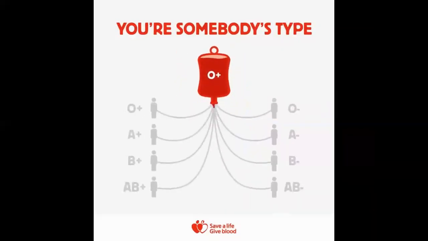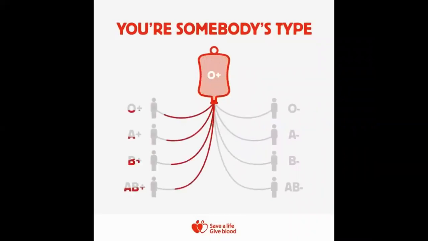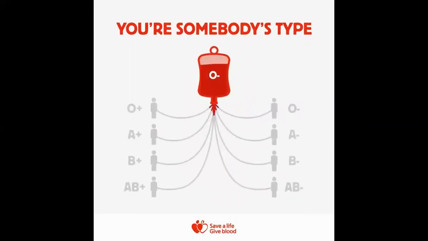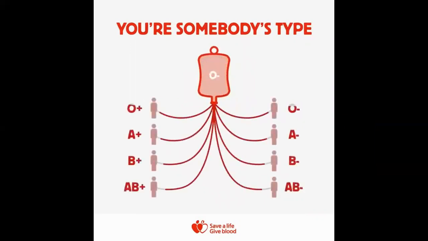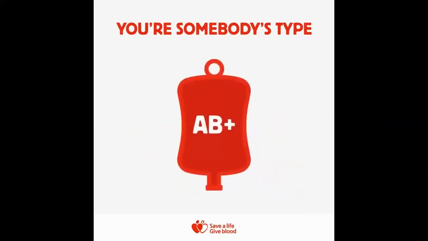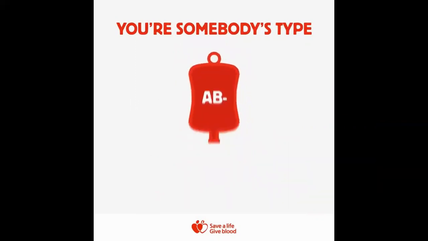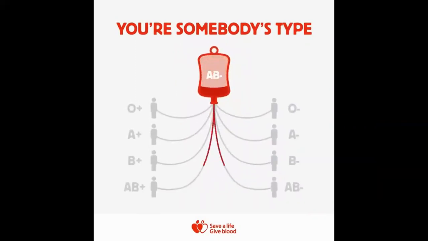O positive blood can be transfused to all positive blood groups, O, A, AB, and B, while O negative can be given to all the blood groups, that is O plus, minus, everyone. AB plus can be given only to AB plus people, while AB minus can be given to both AB plus and AB minus.